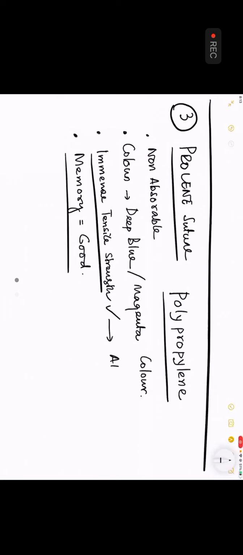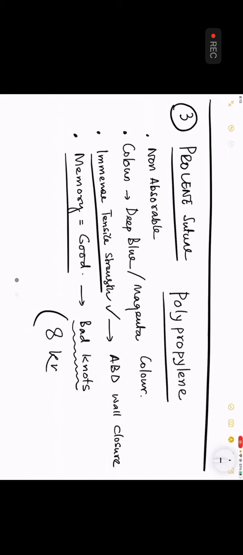This is good for abdominal wall closure. But the bad point is it makes bad knots. And hence, in a Prolene, we make 8 knots. We say 7 knots and 1 for the road. That's a way for those who drink, they know the meaning of 1 for the road. So that means it is 8 knots.